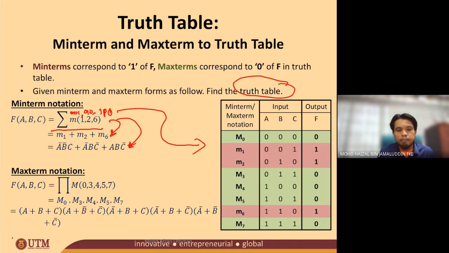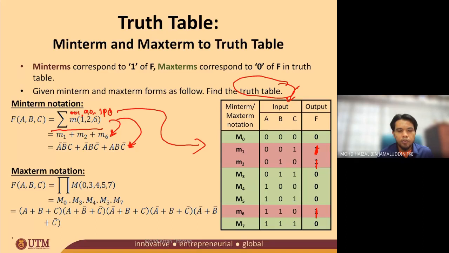So in this case, the maximum n is equivalent to 3. That means you have 2 to the power of 3, so you have 8 possibilities. So you draw the truth table and you know that 1, 2, and 6 are the Minterms.